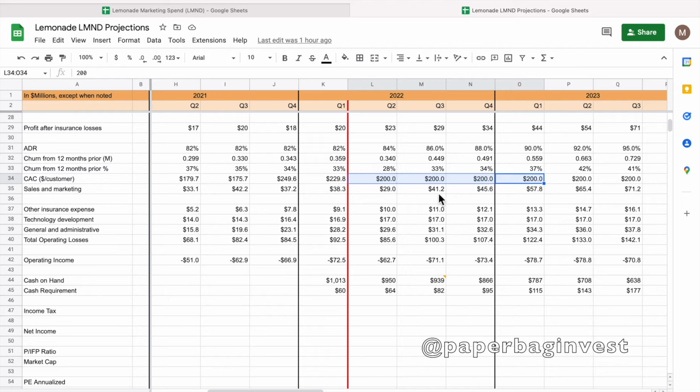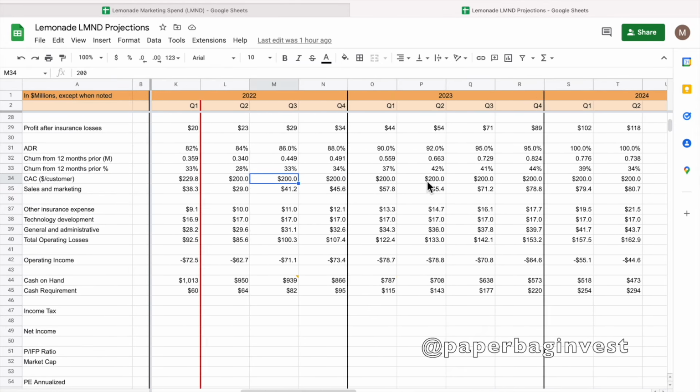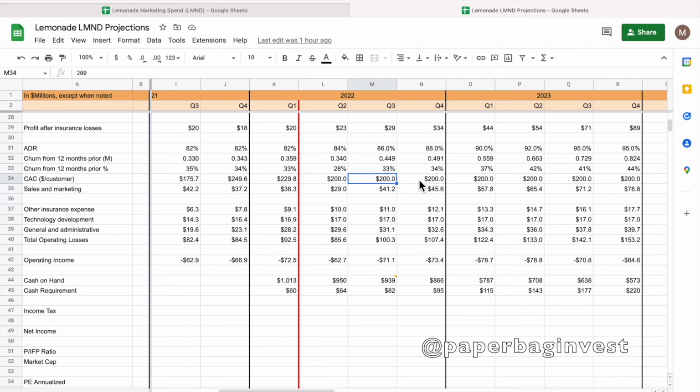Then I think $200 is not unreasonable to expect for an acquisition cost. So that's what I've used going all the way to 2030, $200 a customer to purchase a customer through marketing. And then from that, based on the number of customers you're getting, plus the customers you're making up through churn, you get your sales and marketing expenses going forward.